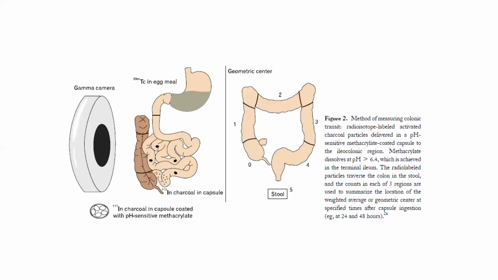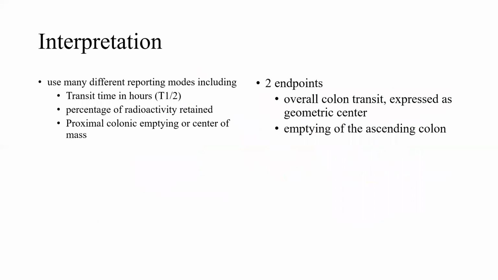So this is just a brief diagram to show the gamma camera, and then we take the images based on the radiation emitted from the isotopes. So there are a few, in fact, reporting modes with regards to scintigraphy. Firstly is the transit time in hours. The other ones are the percentage of radioactivity retained, and also the proximal colonic emptying or center of mass.